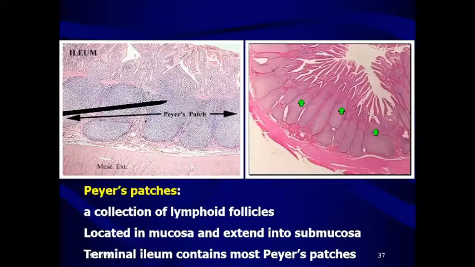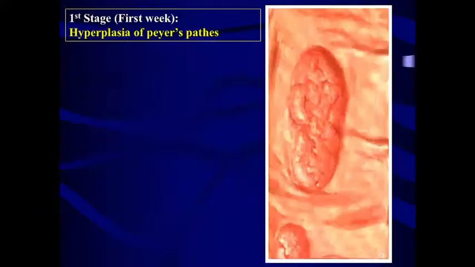So these are the Peyer's patches. They are within the submucosa. This is the muscle layer. This is the mucosa of the ileum. So stage 1, the first week, you have hyperplasia of the Peyer's patches.